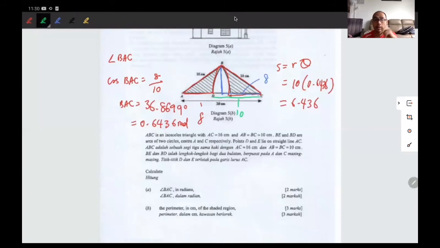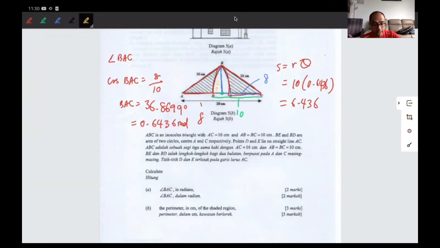From C to E is 8. From C to here, whatever this point here is 8. But the whole thing here is 10. So I know that this part over here is 2. So 8 plus 2 is 10. So we just minus 4 lah.